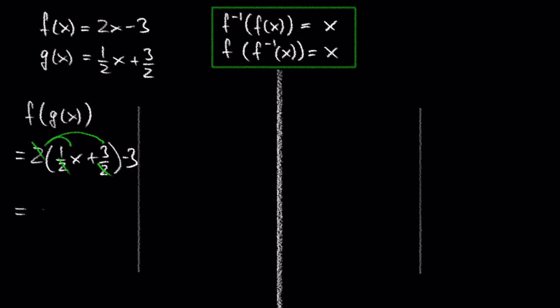So we get x plus 3 minus 3. Three minus 3 cancel each other out, so we get just x.